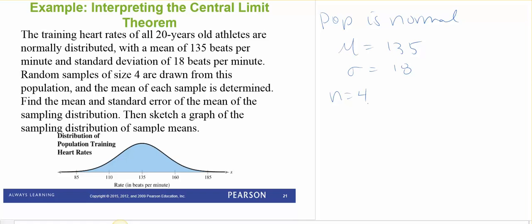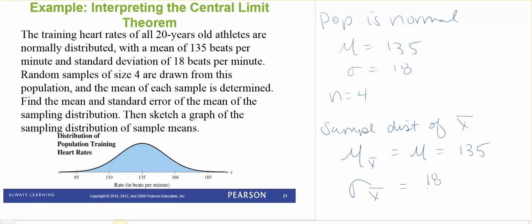However, because the population is normal, we know the sampling distribution will also be normal, and the mean of the sample mean, mu of x bar, will still be mu, so it'll be 135, and the standard deviation for x bar will be the standard deviation divided by the square root of n. So the standard deviation will only be 9.